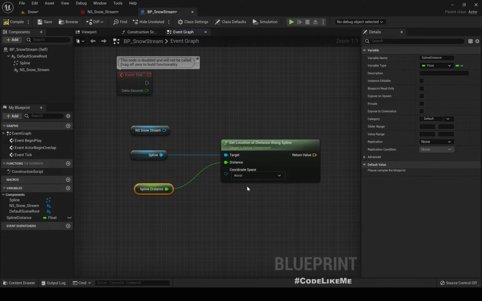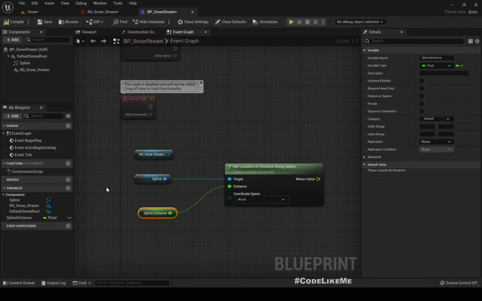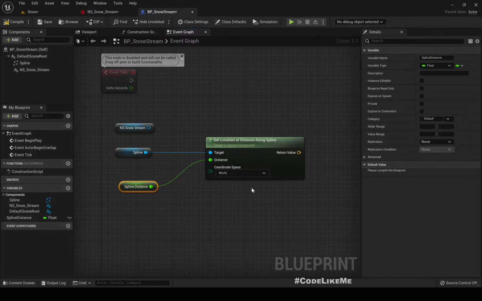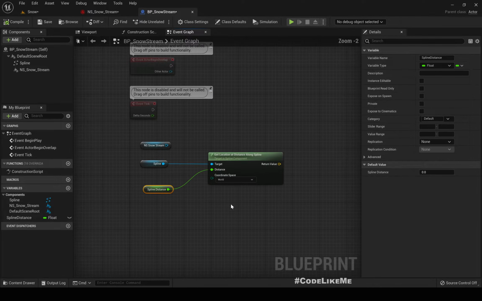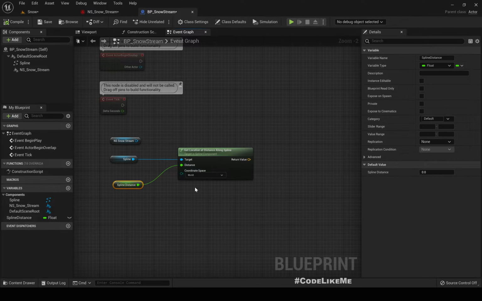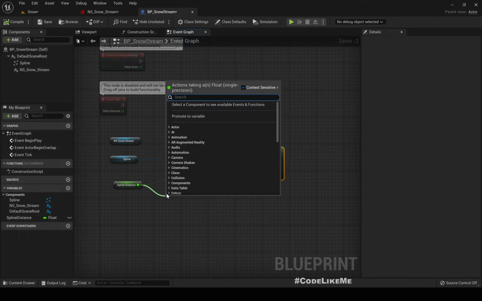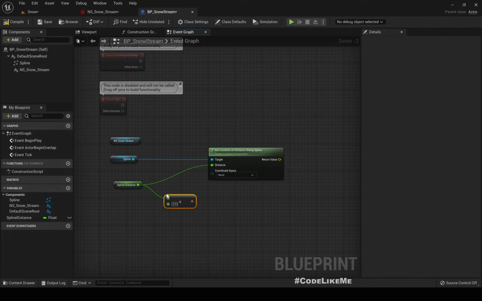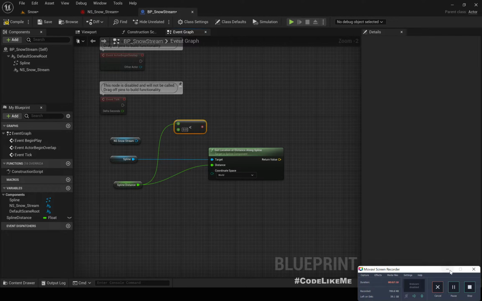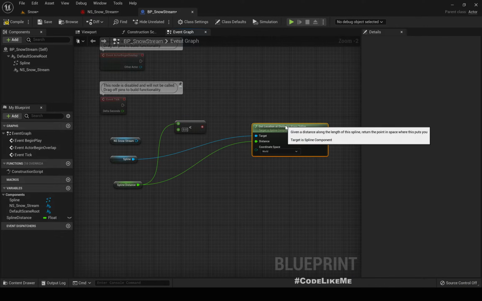Coordinate space, I'll take world space, and distance should start from 0, of course. And as long as this is less than the total length of the spline, we can do this operation.